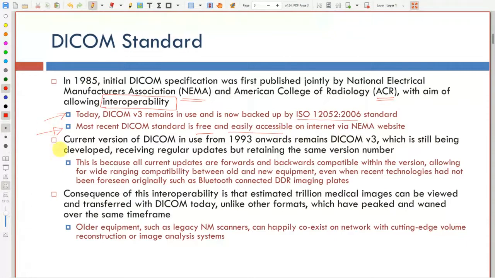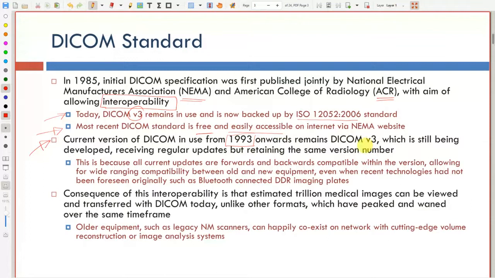One very nice thing also is that the current version of DICOM, version 3, has been in use since 1993. DICOM version 3 was introduced in 1993, and it remains so until now. This doesn't mean that it's stagnant or didn't change since then.